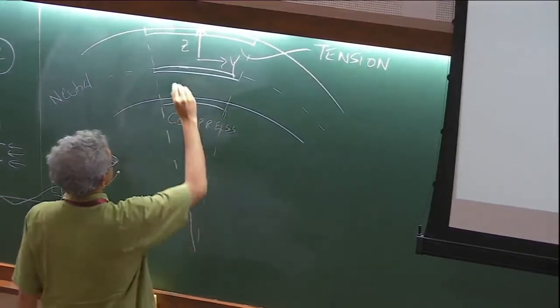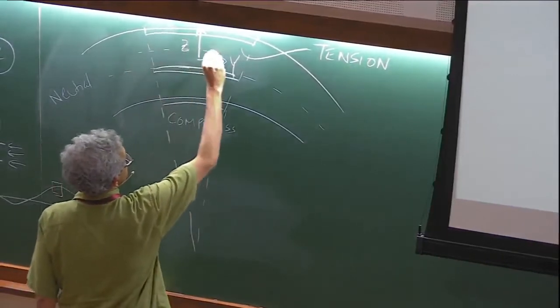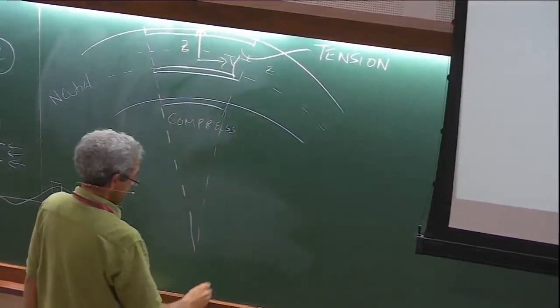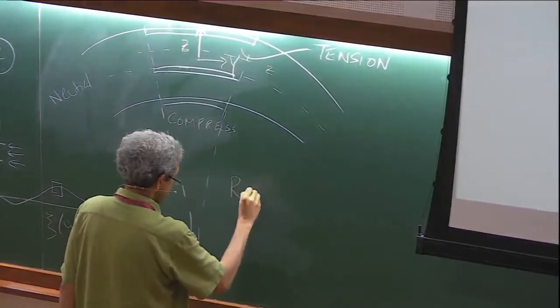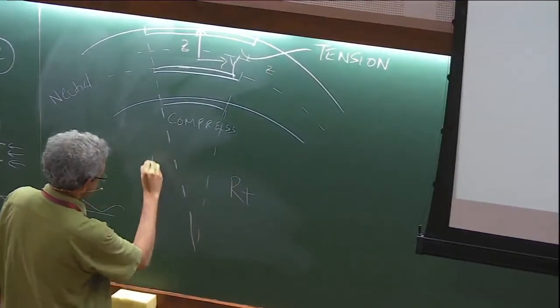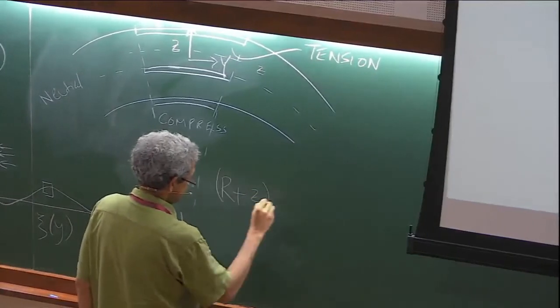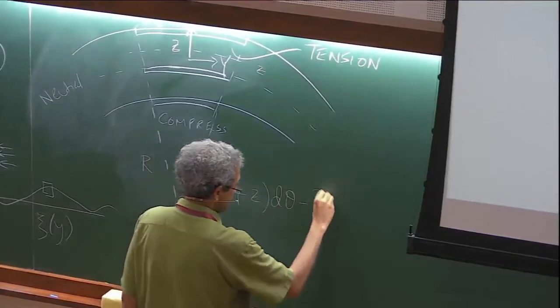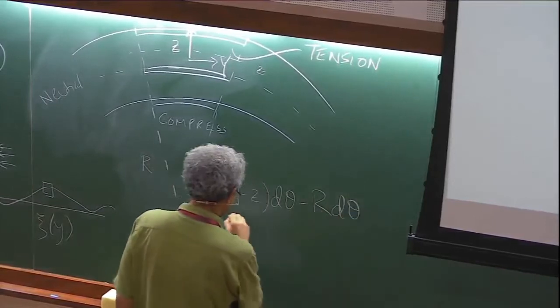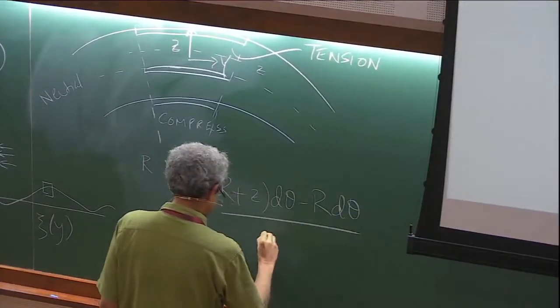you get the idea. If I'm looking at some height Z, then the length, let's say the radius of curvature here is this, and something like this. This is what the strain looks like, right?